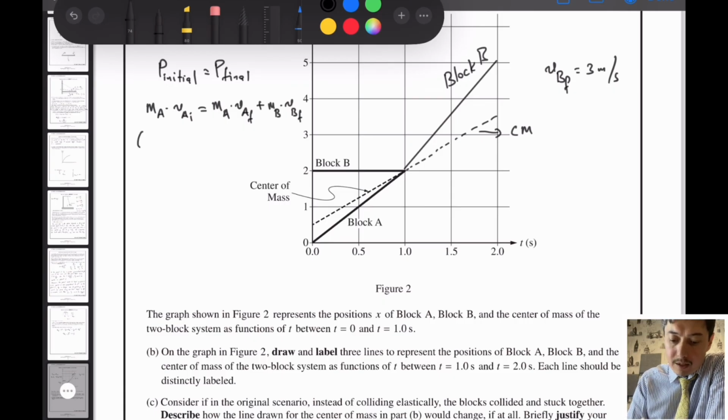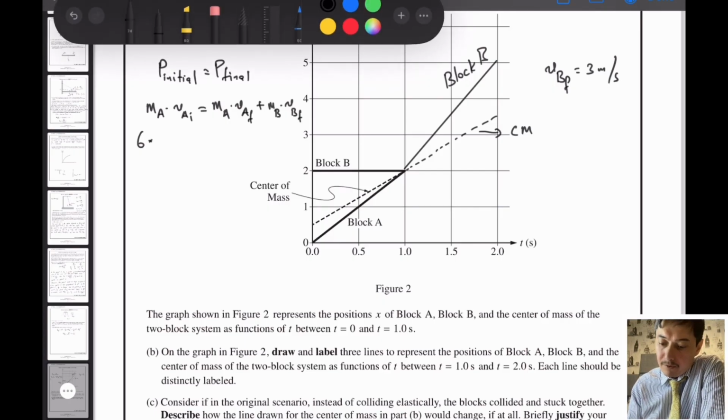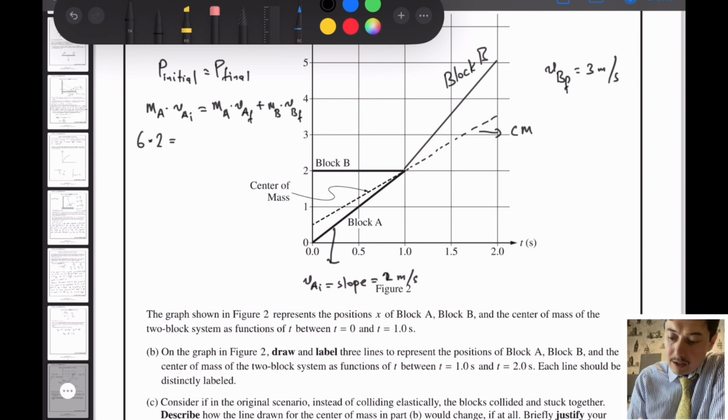Now substitute numbers: 6 times the initial speed. From this graph we can also understand the initial speed of the block. It is the slope, so it's 2 meters per second. It moved 2 meters in 1 second. So 6 times 2 is equal to 6 times velocity A final plus the mass of B, which is 2 kilograms, times 3.